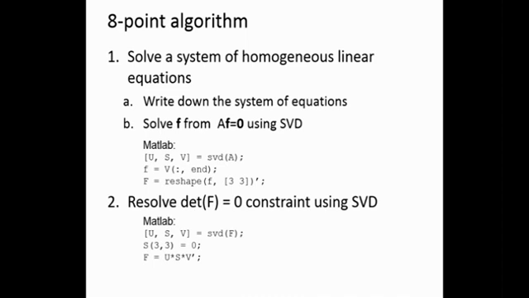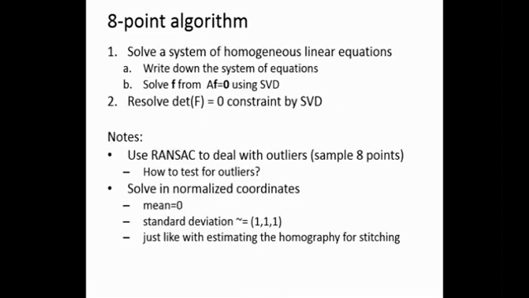We decompose it into U, singular values, and V, force the last singular value to be 0, which corresponds to solving for the F that has a least squares similarity to the original F but whose last singular value is 0. Then I just recompose F out of U, S, and V. This gives me an F that's very close to the original F, except that the last singular value is 0, so that the determinant of F will be equal to 0. And that will fix the problem.